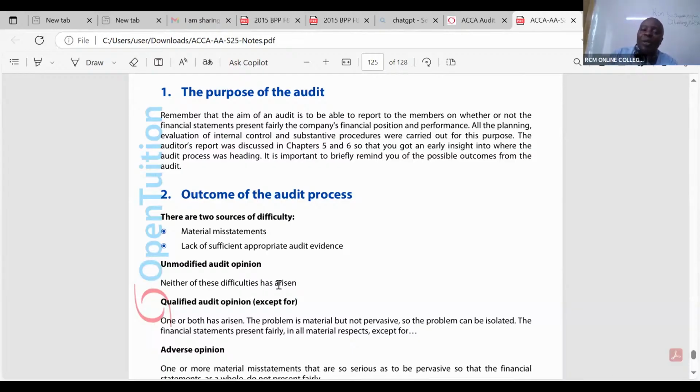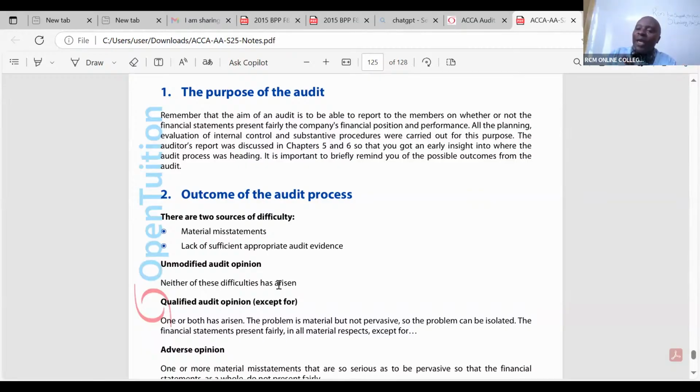They gave me all the information that I needed to be able to form an opinion as an auditor. So remember, unmodified audit opinion is also known as an unqualified audit opinion. Under unqualified audit opinion, we as auditors are saying that the financial statements of RCM Limited portray a true and a fair view as pertains to the position statement and the performance statement, and of course, any other metrics under the annual reports.